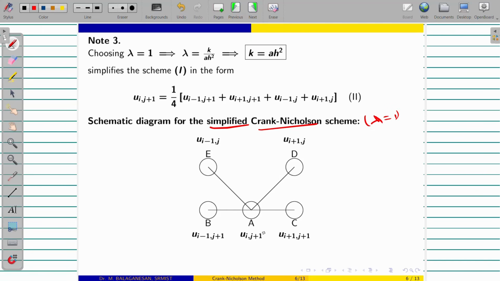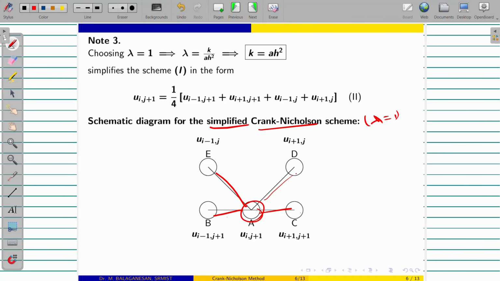Right. So look at that. I have to find this value A, and what will it be? The left, the right, the left-most top value, and the right-most top value. So it is the average of these four values only. It will be easy to understand here also.